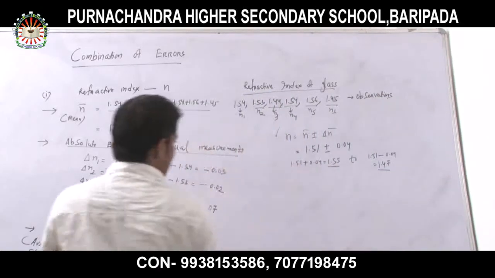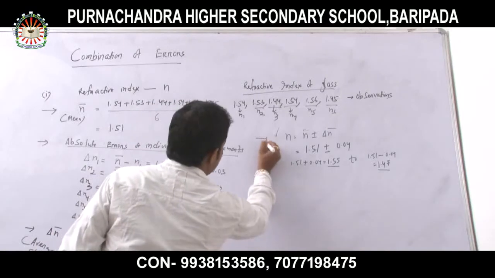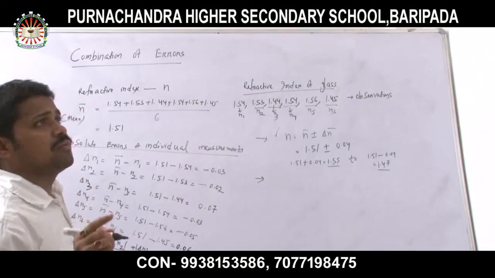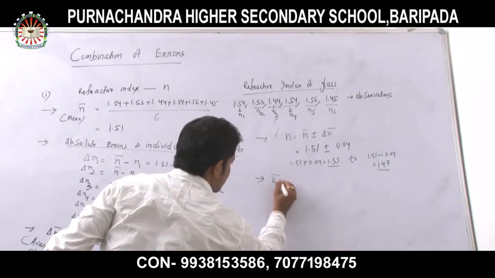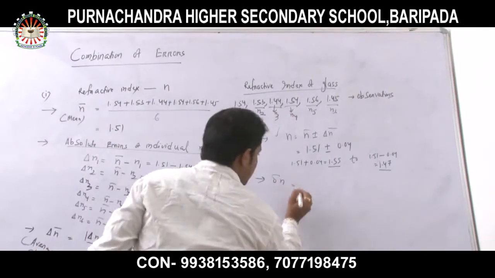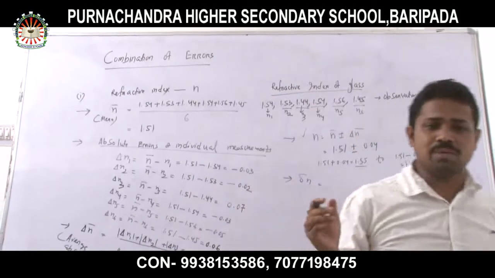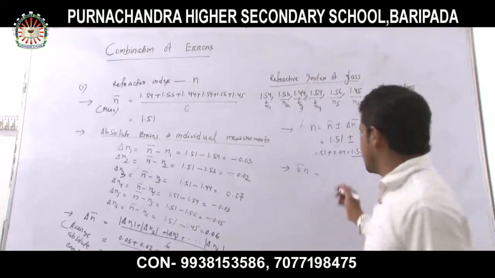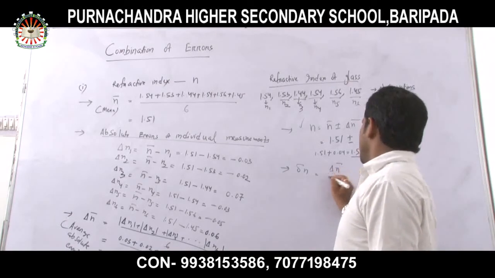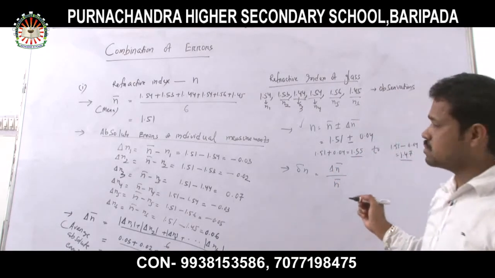Second, the next part: we have to find the fractional or relative error, denoted as del n. What is the formula? Can you remember? The relative or fractional error is del n bar divided by n bar.